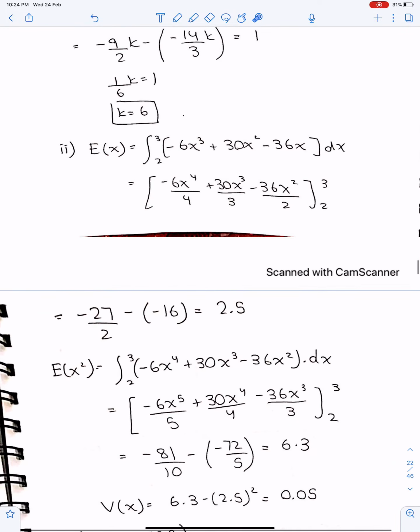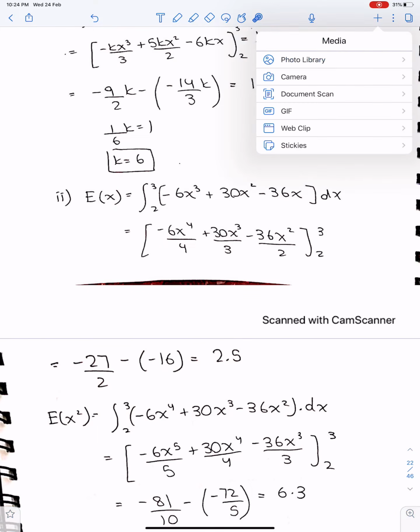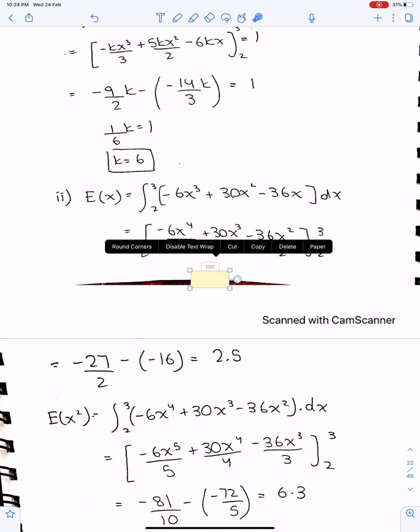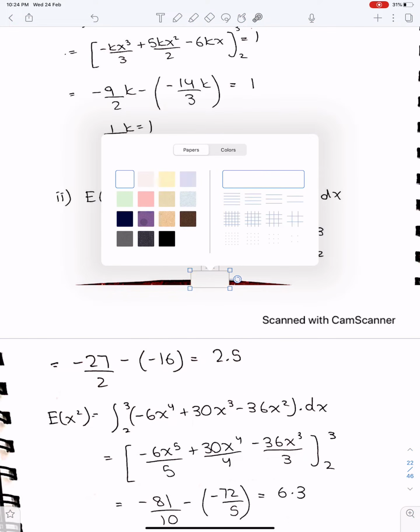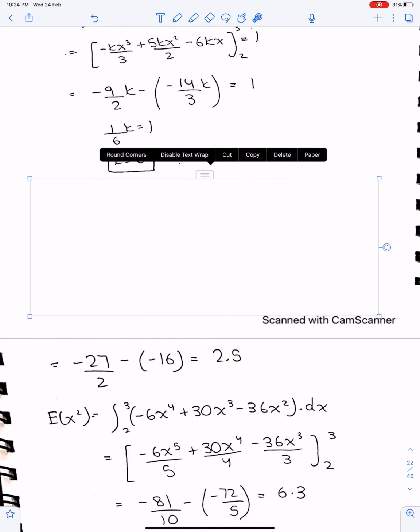For variance, you must have this thing. I'm erasing the calculation of mean. It's fine. You can calculate the mean, but when it says state, then you should use the diagram or the given information.